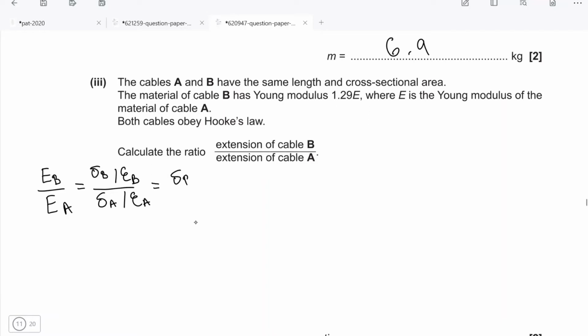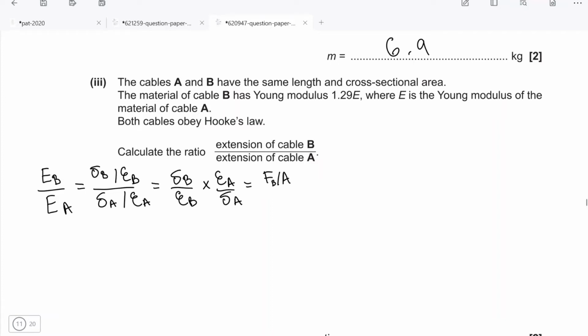So this will be equal to stress of B divided by the strain of B times the strain of A divided by the stress of A, like so. Okay, well, we're almost there. This will then be equal to the stress of B, which is force over area. The force is going to be different, so I'm going to give them a subscript.